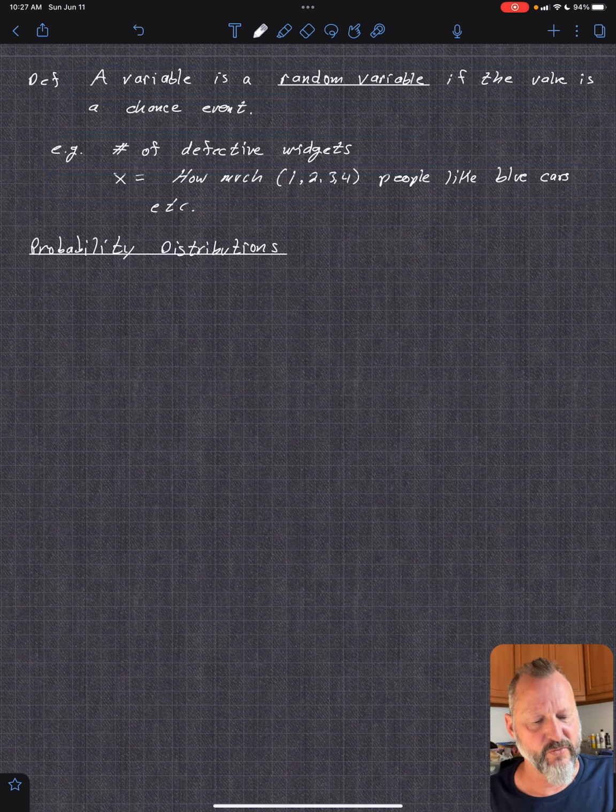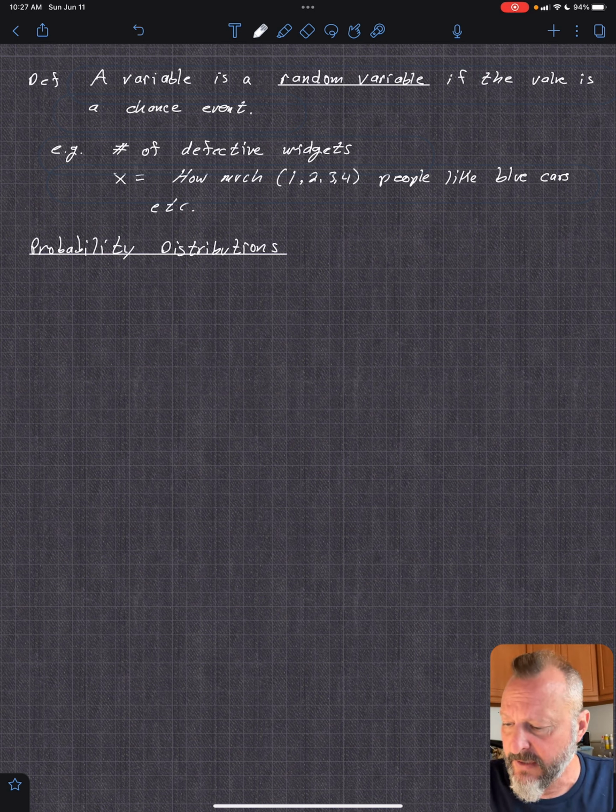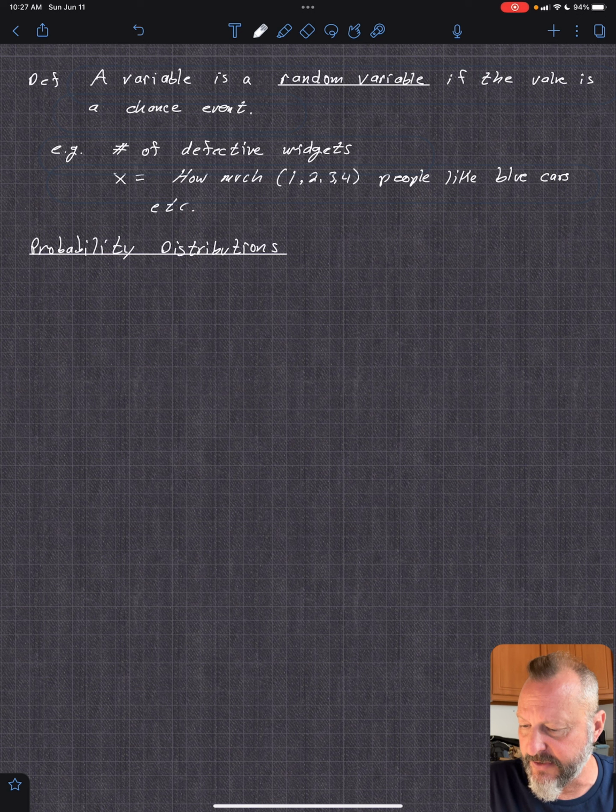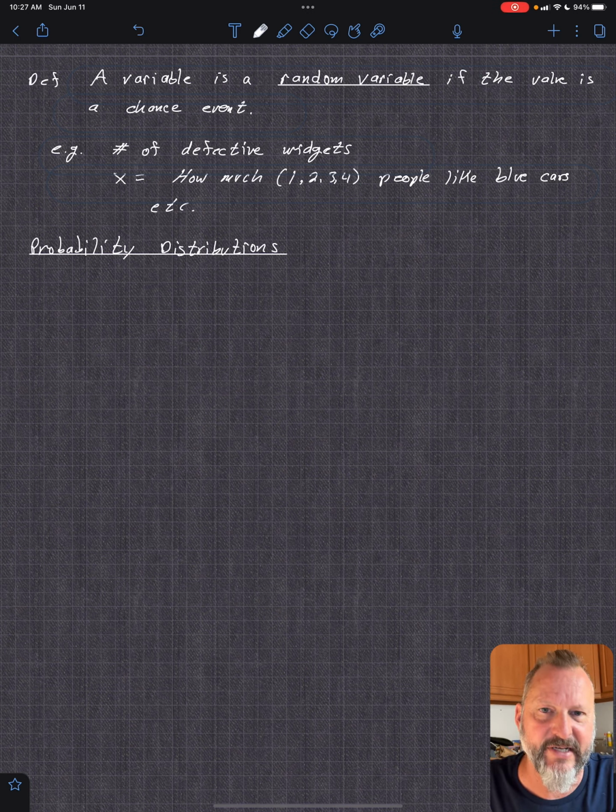The first one we'll look at is discrete versus continuous, or we'll look at discrete and what that is. Probability distributions, we've already done this as well. We're just now naming it.